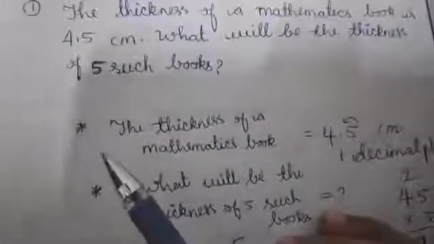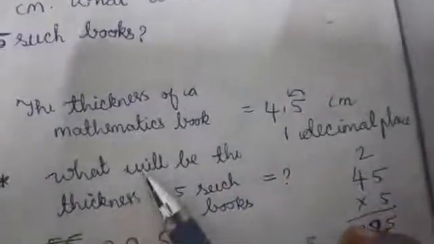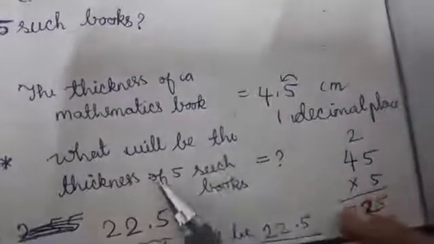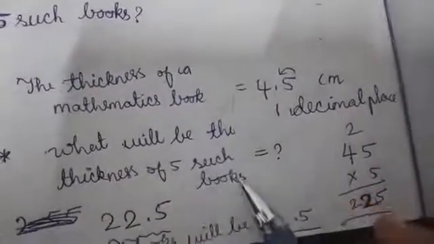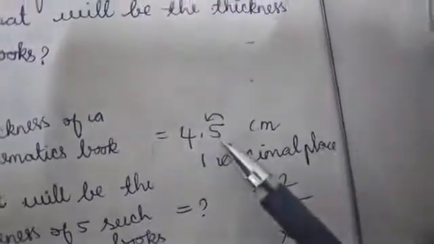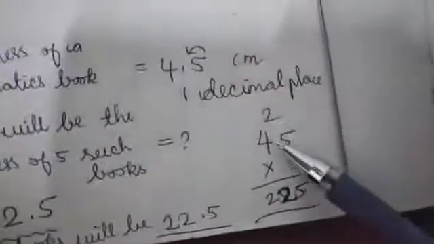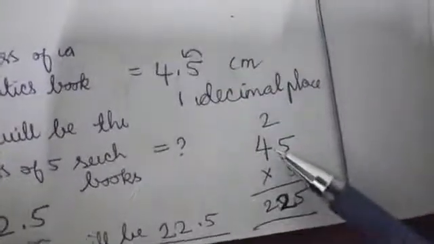So, in the word sum, we will write the thickness of mathematics book 4.5. Then we are going to find what will be the thickness of 5 such books. Now, first you come to know the decimal place. How many decimal place we have? 1. Right? From right side we have 1.